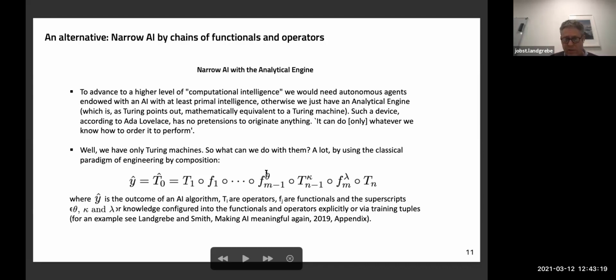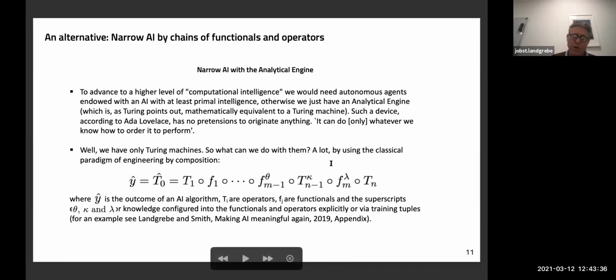You can also give those functions and operators prior knowledge. These Greek letters symbolize prior knowledge that has been given to the functions and operators so that they can achieve some level of contextuality. So you can simulate contextuality by giving them prior knowledge.